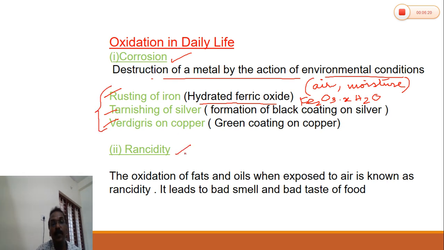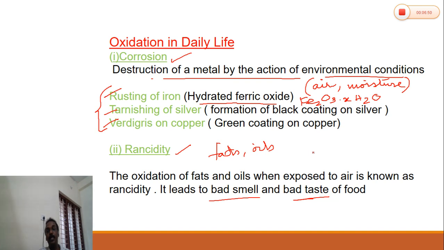Next is rancidity. Rancidity is when fats and oils are exposed to air and undergo oxidation. That is, they get a bad smell and bad taste. Food items made of fats and oils, when exposed to air, undergo oxidation, and a bad smell and bad taste are produced. That is called rancidity.